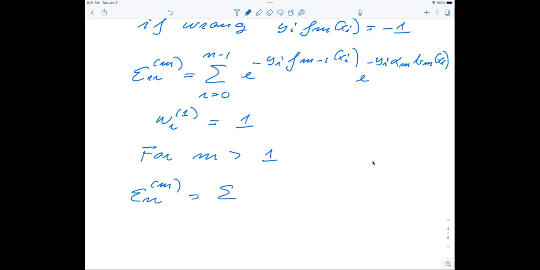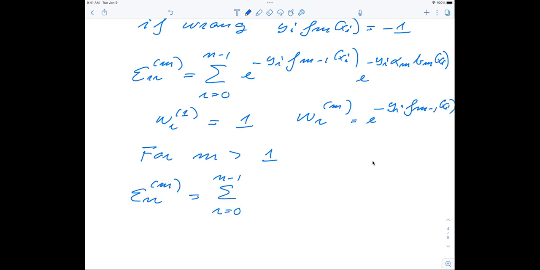So we have a sum from i equals 0 up to n minus 1. And what I'm going to use now is to define this w i of n. I'm simply going to take the first term here, this term which you see here. And that means that what I have is e to the minus y of i multiplied with the previous result.